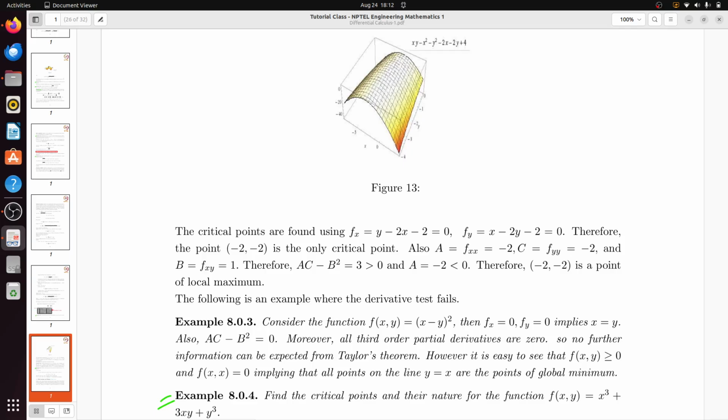I get x equal to 0, x equal to -1, and y equal to 0, y equal to -1. Now determine and comment about their nature.